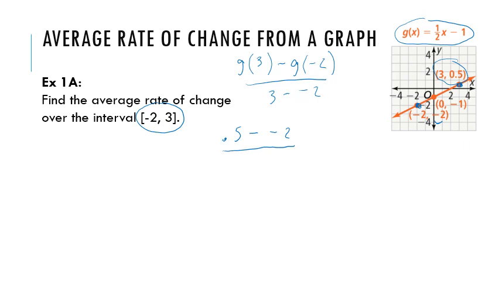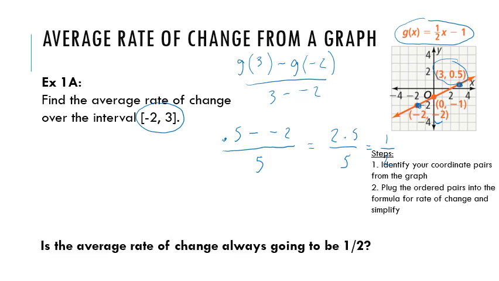Remember, when you subtract a negative, you're really adding. So that would be 3 plus 2, which is 5. Same thing in the numerator: 1/2 minus -2 is really 1/2 plus 2, so that would be 2.5 over 5. And if I wanted to reduce this, I absolutely could. 2.5 is half of 5, so I can reduce that fraction to 1 over 2.